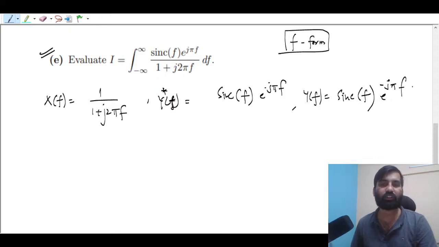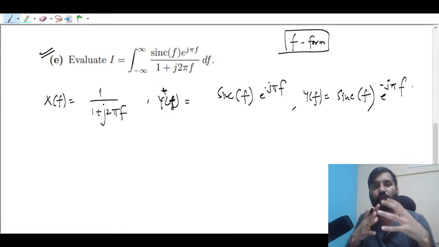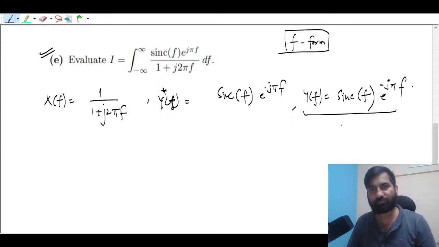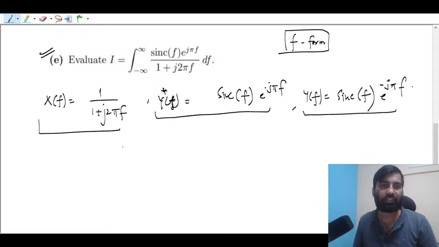Now you can find the inverse Fourier transform. Remember, this is Y of f, and we have to compare with the integral that we know, that is, the integral from minus infinity to infinity of X of f Y conjugate of f df.